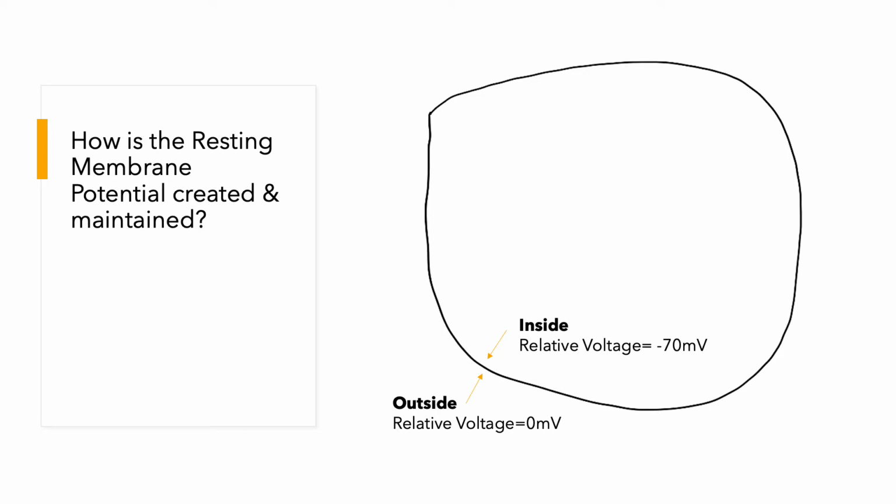Here we have a simplified drawing of a cell. The black circle represents the cell membrane. It is difficult to depict in a large-scale drawing, but the relative charge difference is only maintained just on either side of the membrane. It is not the cell as a whole that is more negative compared to the outside.